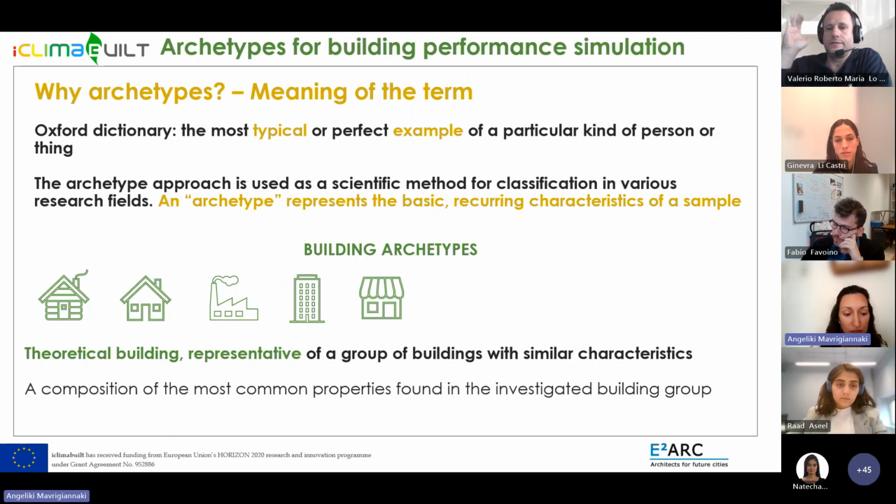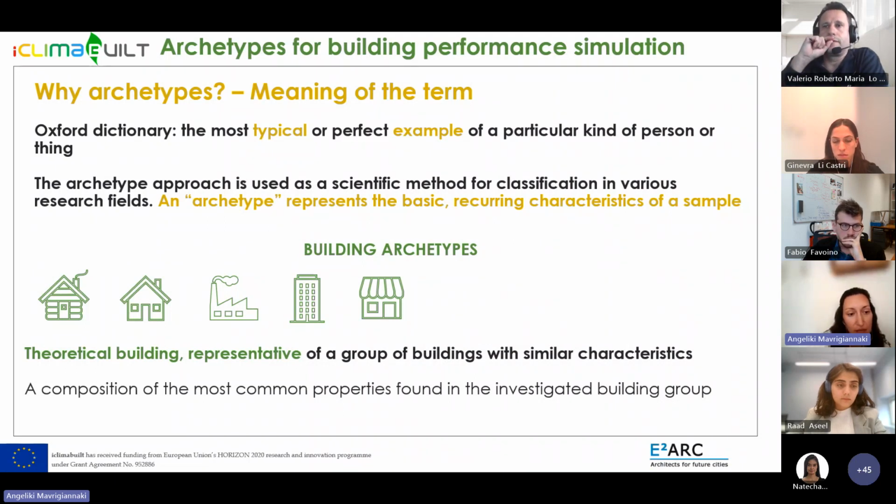We come across representations of building archetypes in various settings, with the simplest example being the images shown in this slide, where we see some typical features of the buildings that convey information about the type and use of the buildings, and in some cases their structure, like in the first image, where this would be a common way to represent a wooden house.